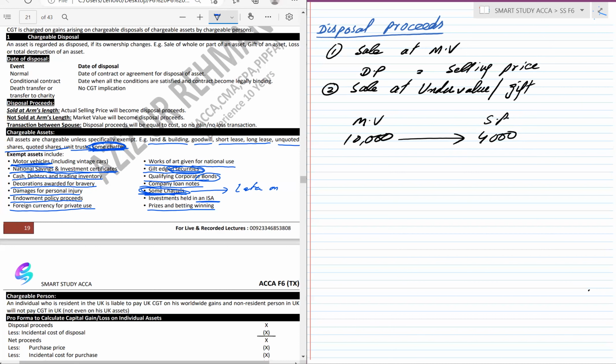In that case, market value is 10,000, but selling price is 4,000. So once again, there is a gift element of 6,000 pounds over here. That's why sale at undervalue or gift, both are treated as gifts and the same tax implications will apply. So in these cases, students, disposal proceeds will be market value.